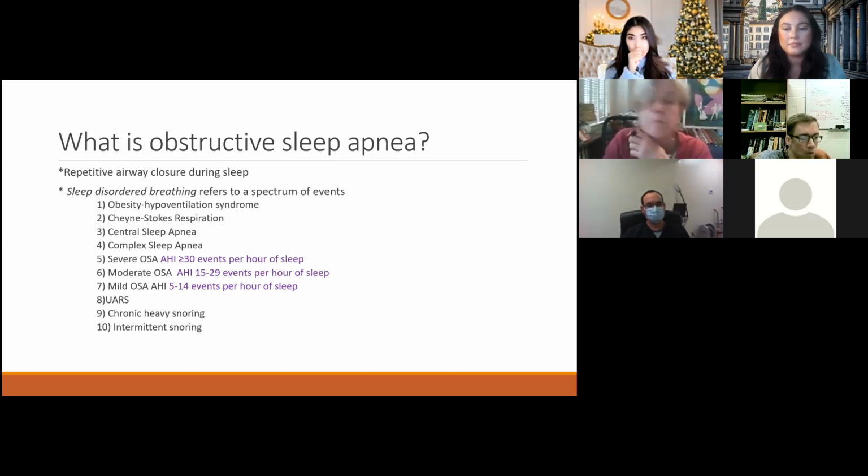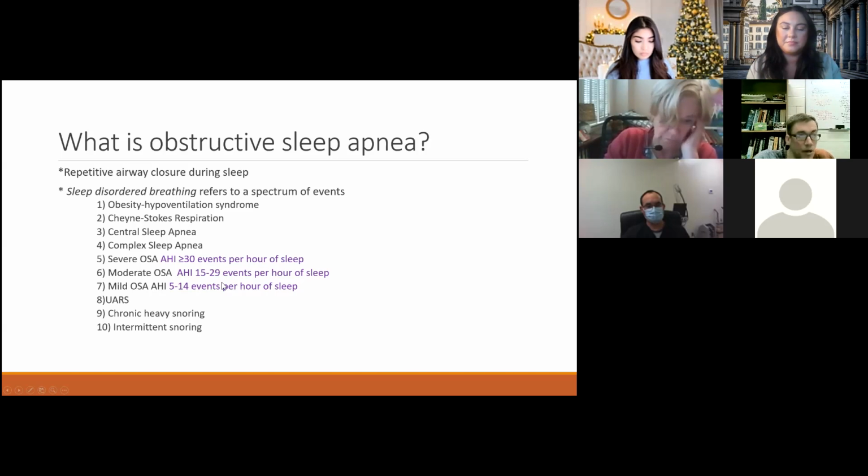We grade sleep apnea severity, when we're talking about obstructive sleep apnea, based on the apnea-hypopnea index. That's essentially how many respiratory events per hour you are having. So greater than 30 is severe, 15 to 29 is moderate, and less than 15 down to 5 is mild.